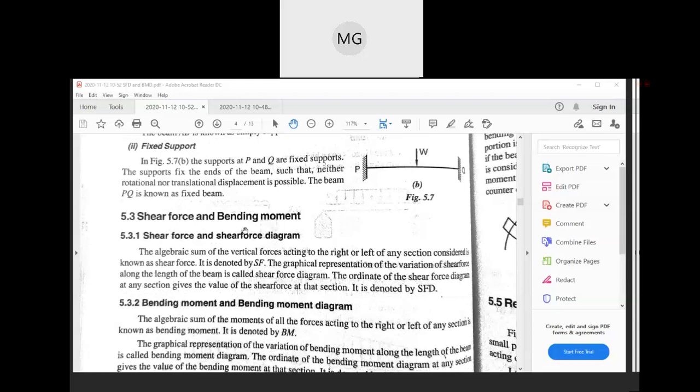Next, shear force and bending moment. This is again an important definition. Shear force is the algebraic sum of the vertical forces acting to the right or left of any section considered.